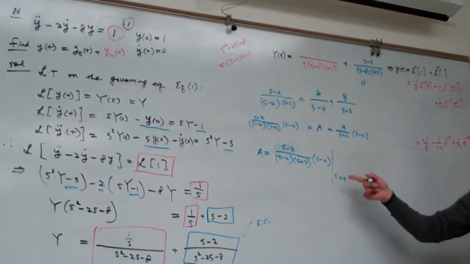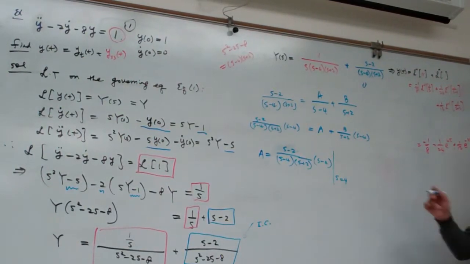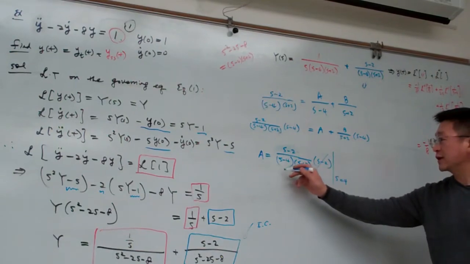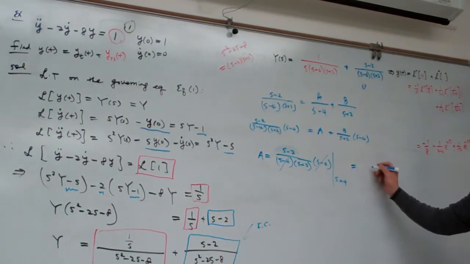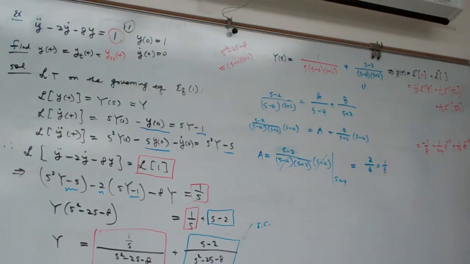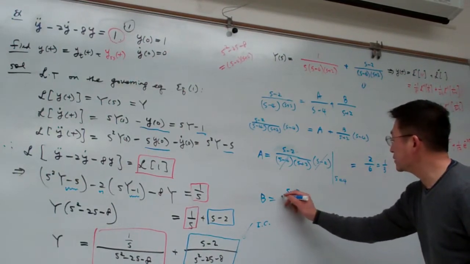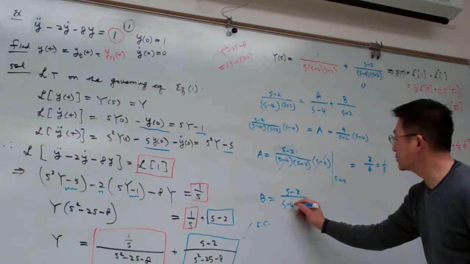Based upon this observation, we write it up like this. Under this case this term cancels, so that will be equal to 2 over 6, equal to 1/3. Similarly, B is found by setting s equal to 2.